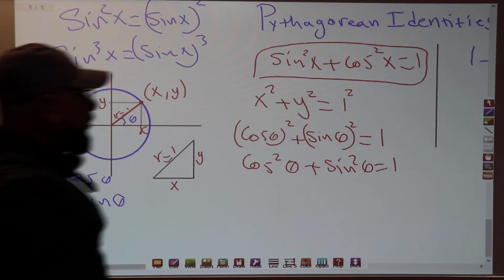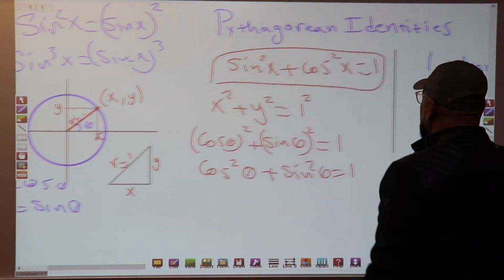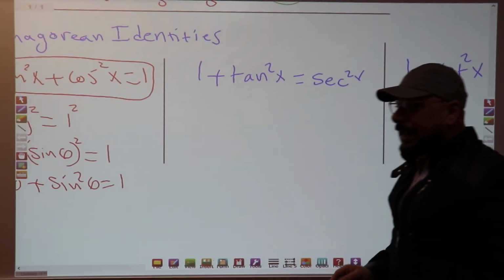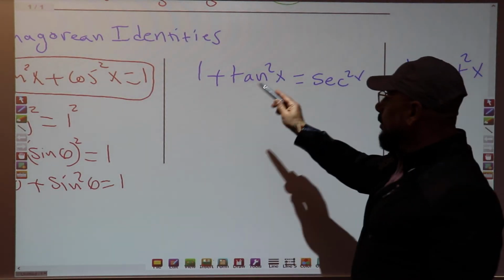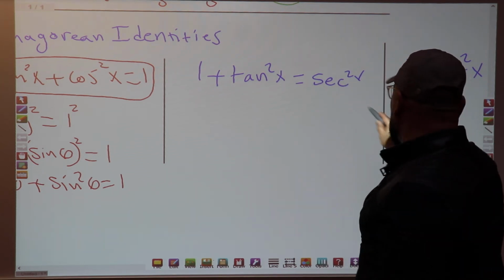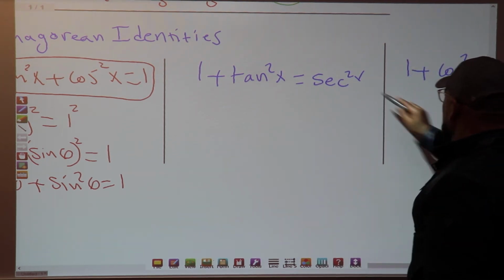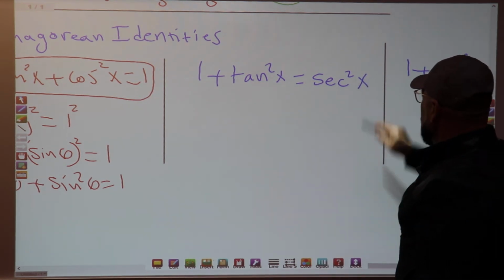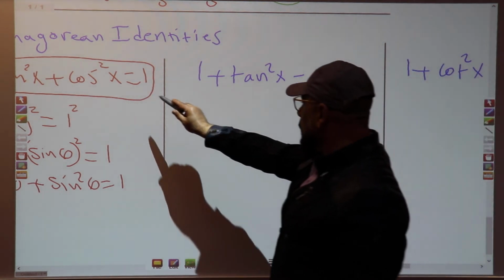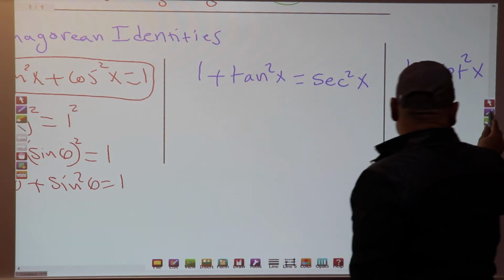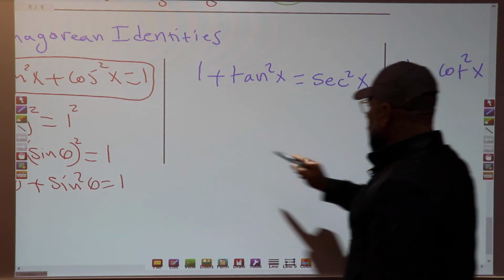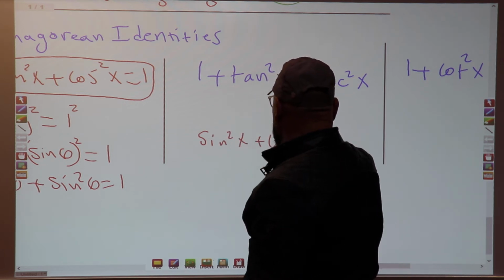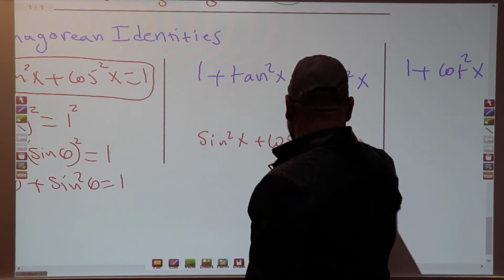Then let us go and finish. How did he get this from this? I'm going to prove this for you also, because later on we're going to prove a lot. How did he get 1 plus tan squared x equals secant squared x? Our class is to prove it. Let me start with sine squared x plus cosine squared x equals 1.